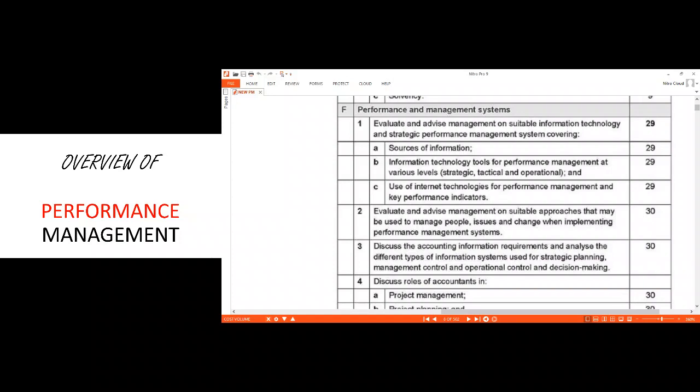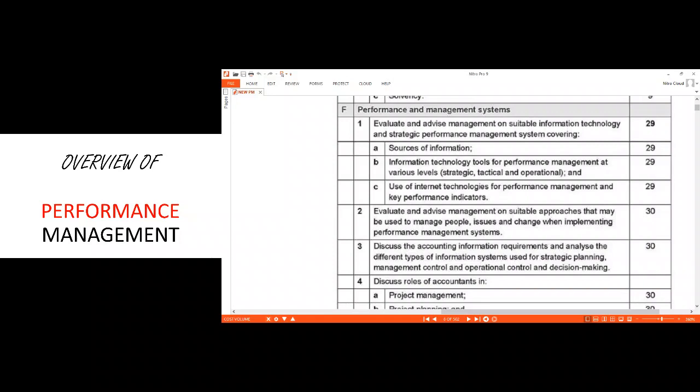How can we advise management even as regards information technology and performance of the organization? The sources of information will be looked at, quality of information will be looked at, appropriateness of information, and the like. Information technological tools will be looked at, as it relates to our present world. The internet technology for performance management will be looked at.